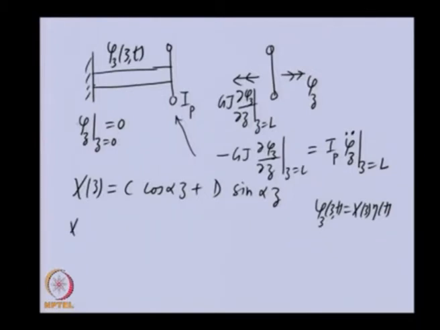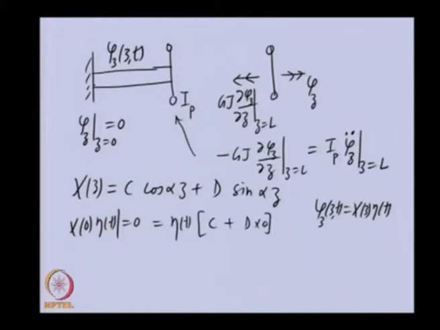So eta at z equal to 0 is 0. So you can see it is C plus D into 0.